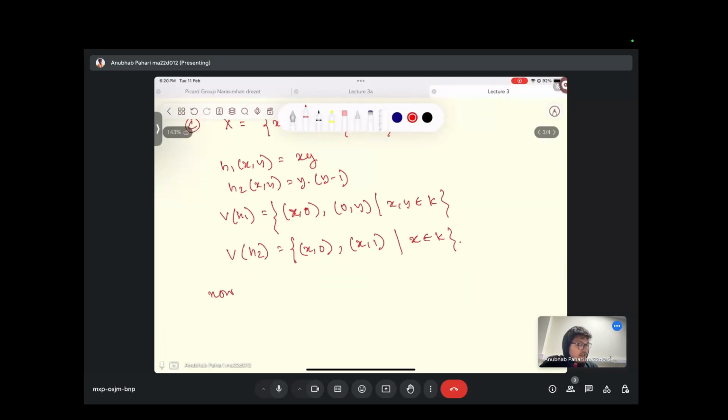Now if you intersect them, V(h1) intersection V(h2), you will see it is (x, 0) union (0, 1), which is nothing but the x-axis union (0, 1).